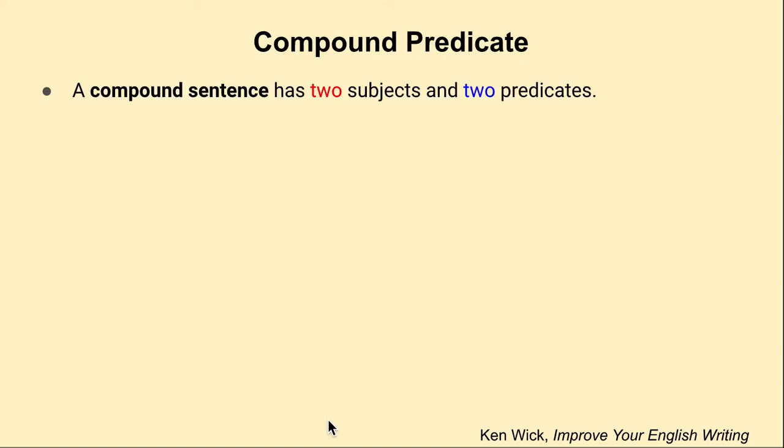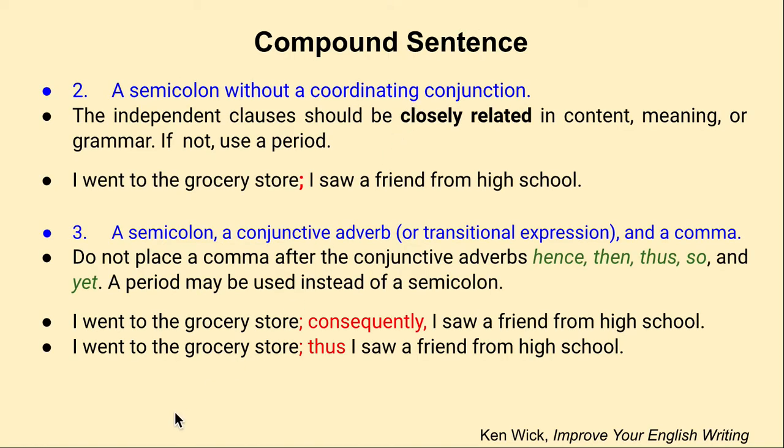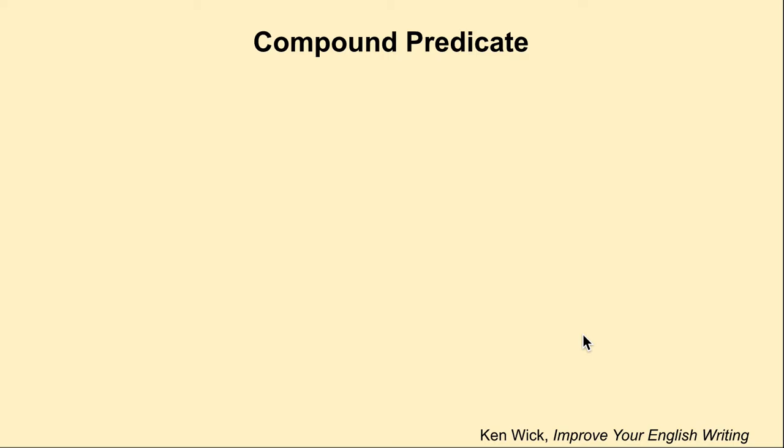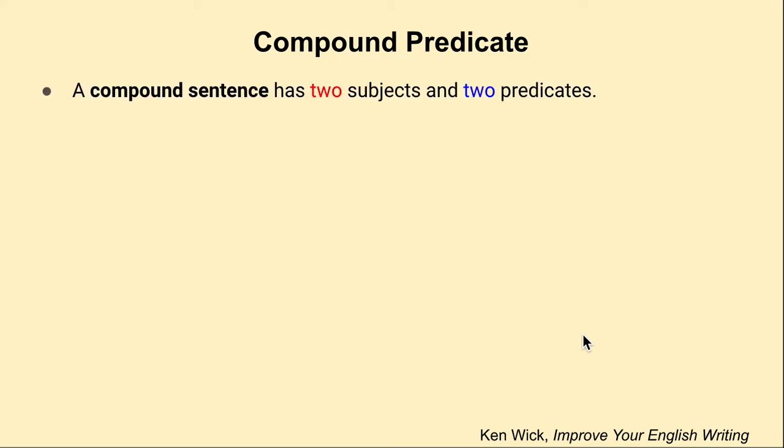Okay, compound predicate. I'm going to call it a subclass of a compound sentence. So a compound sentence has two subjects and two predicates. Going back, you have subject and predicate, subject and predicate. So you have two subjects and two predicates with a compound sentence.